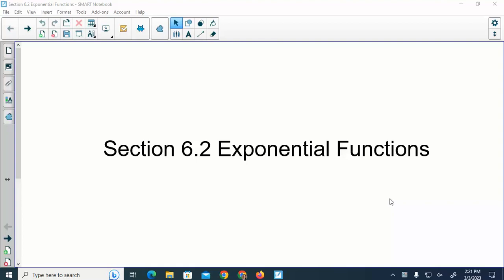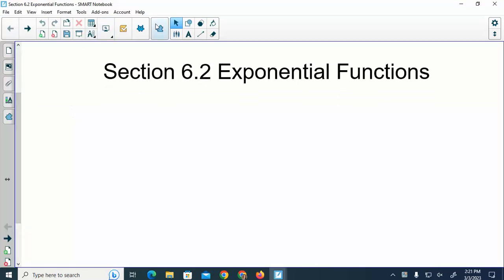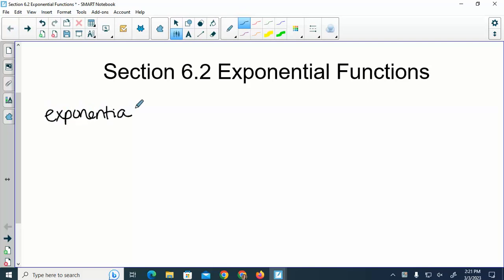Functions today, which you did in algebra. When I'm talking about an exponential function, it's something like a to the x.